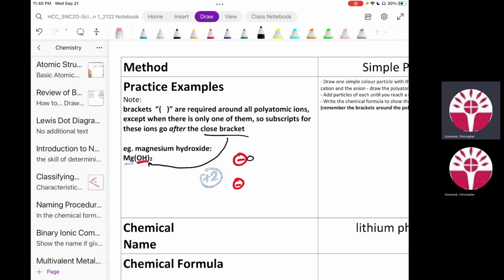And it takes two hydroxides to make that magnesium happy. And that's why we put the bracket 2. So there's one that goes to that 2, and there's the other one that goes to that 2. So the 2, this little subscript here, is going to be the one that identifies that you've got two hydroxide ions present, right?